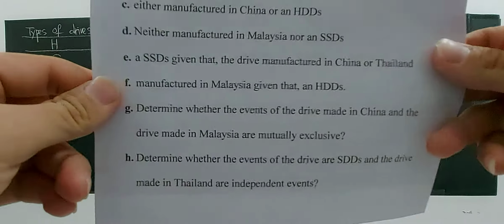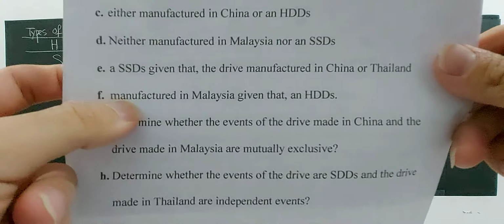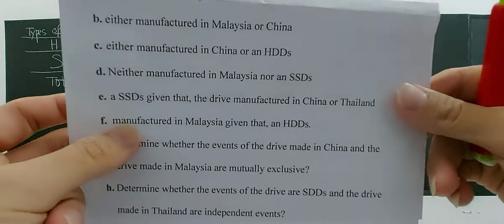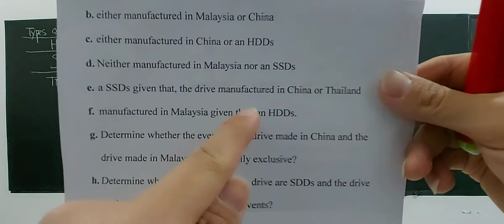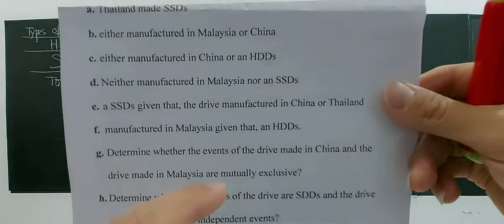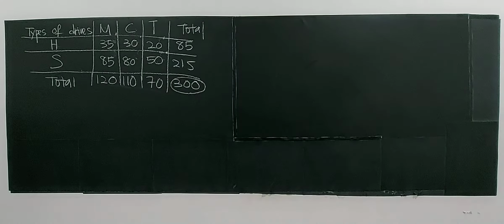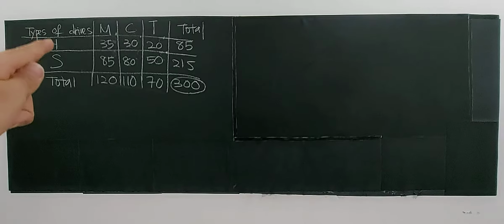Let's look at how about if the question is asking this way. The probability that the drive is manufactured in Malaysia, given that it is a hard disk drive, meaning given that H. This is hard disk drive.